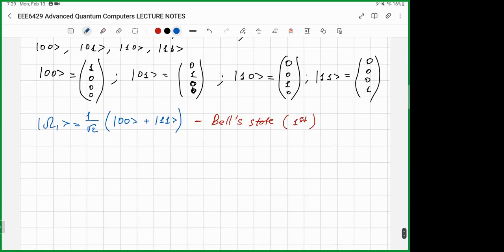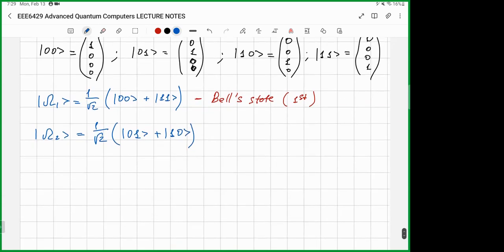Why first? Because I can come up with another one. Let's denote it omega 2. It's equal to 1 over square root of 2 times 01 plus 10. I will tell you in a second why this is so important. So this is the second Bell state.